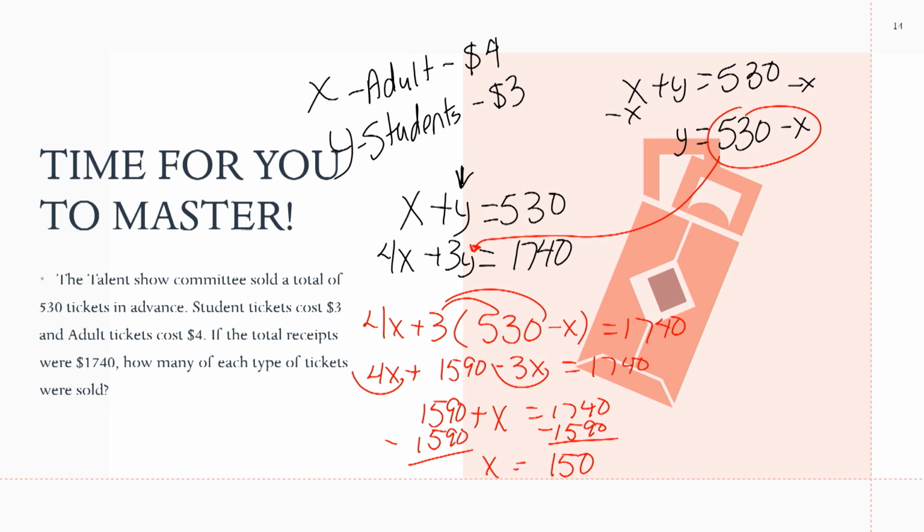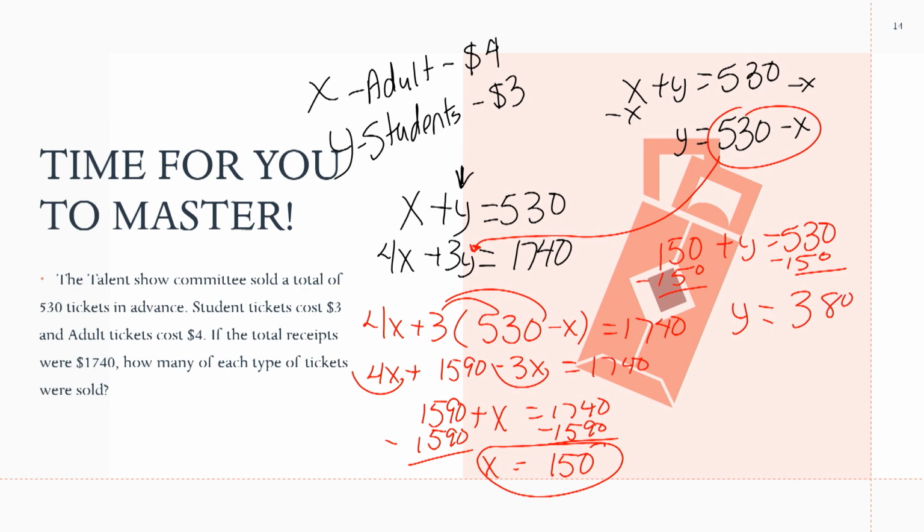And now I'm going to take exactly what this equals and plug it in up here. So 150 plus y equals 530. I'm going to subtract 150. Y equals, so I'm going to take that 530 and subtract that 150 from it, and I get 380.